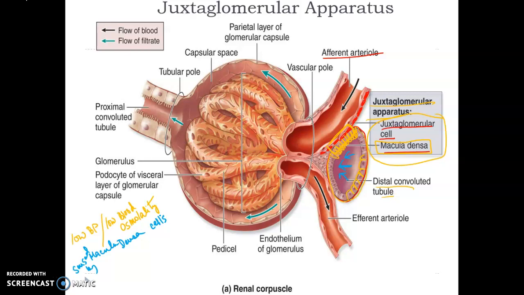These macula densa cells, which are the tall columnar cells, talk to the juxtaglomerular cells. They say, hey, juxtaglomerular cells, I think there is a problem. I think this person is having low blood pressure. Can we do something? Then in return, the juxtaglomerular cells secrete an enzyme called renin into blood.